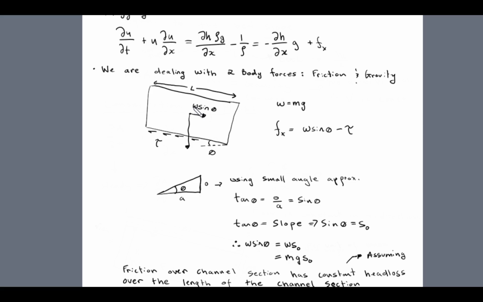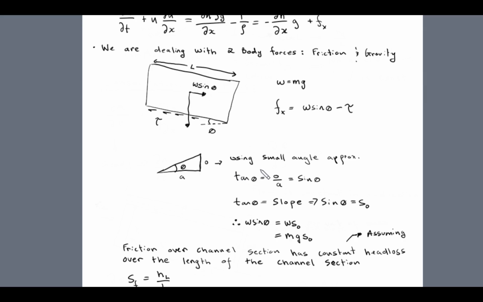Then we have a driving gravity force, W sine theta, and a resisting friction force. So since we're considering the friction force to be a body force, the sum of the body forces will be equal to W sine theta minus tau, where W is equal to mg.